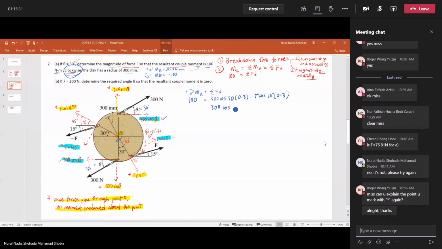Then we sum this force. This one also should be negative, because it's pointing this way, which, if you imagine a wheel of fortune, if you rotate the disc at this point, it will be anti-clockwise, so it's negative F sine 45, and the distance is the radius 0.3. From here, you can actually solve.